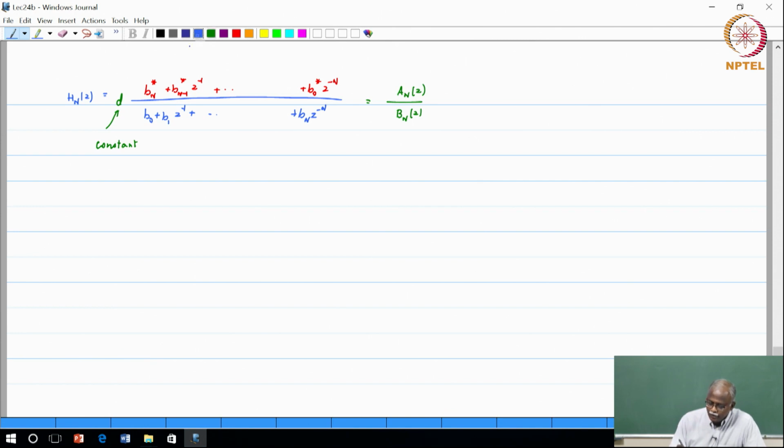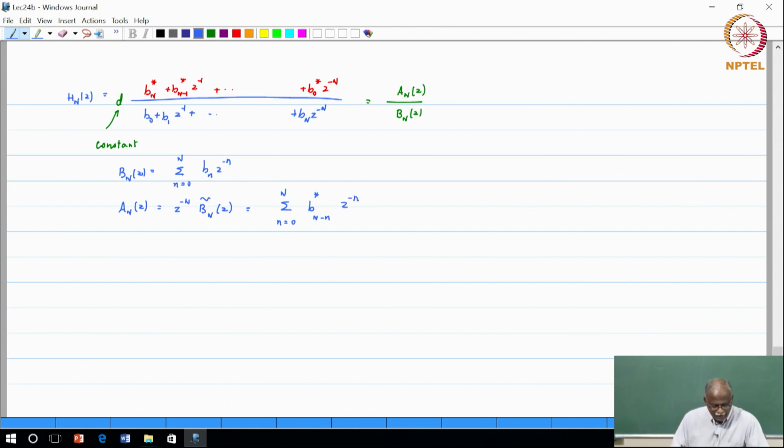So let us write down Bn of z as the polynomial, summation n equal to 0 to uppercase N of b of n z power minus n, and An of z is the para conjugate with the appropriate shift, z power minus N Bn tilde of z. Okay. And that can be written as summation n equal to 0 to N of b of N minus n conjugate z power minus n.